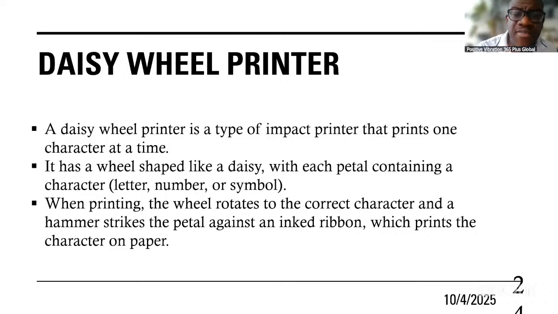When printing, the wheel rotates to the correct character and a hammer strikes the petal against an ink ribbon, which prints the character on paper. So that is how the daisy wheel printer works.